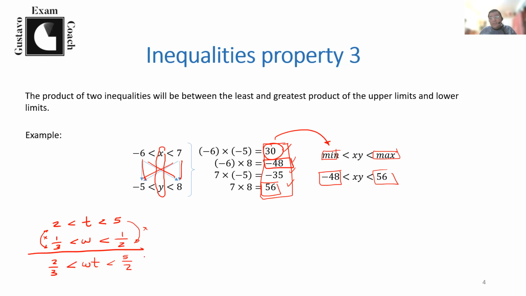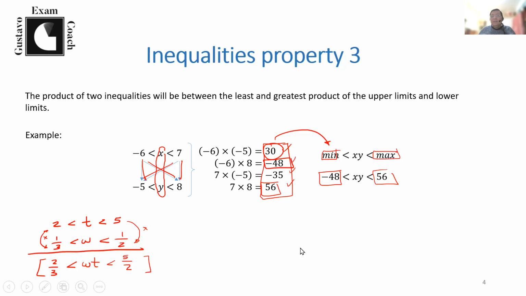This is actually the correct boundaries for the product of W times T. How about negative and positive values? Okay, if that's the case, you just do as in the example above.